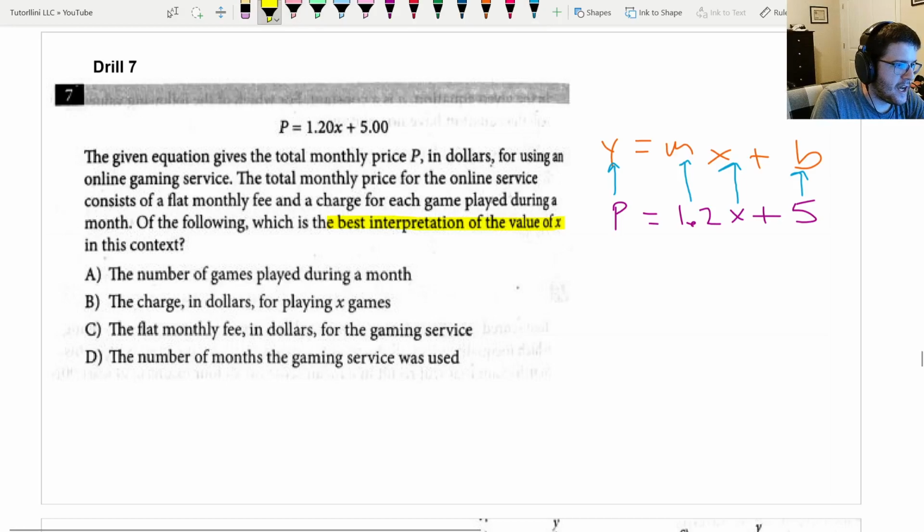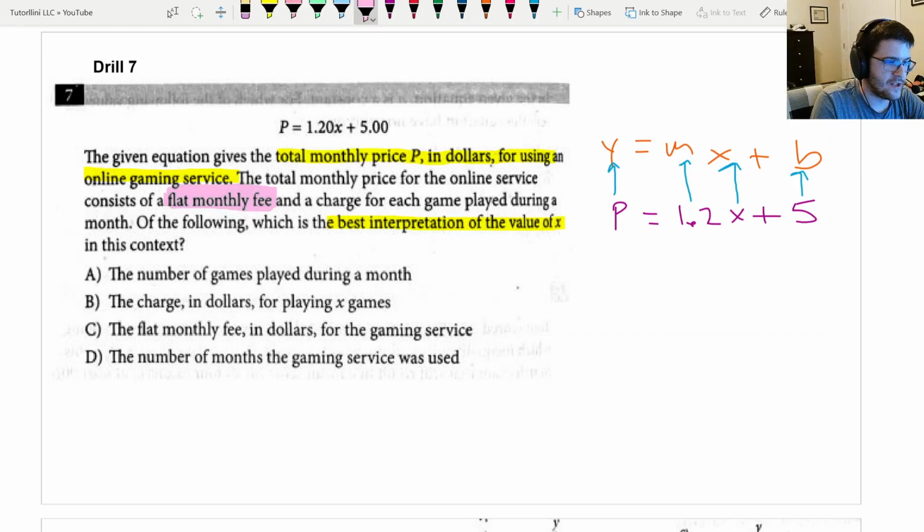It says that y is the total monthly price in dollars for using an online gaming service. And it says the total monthly price consists of a flat monthly fee. Okay, monthly fee. It's kind of like a daily fee or an hourly fee.